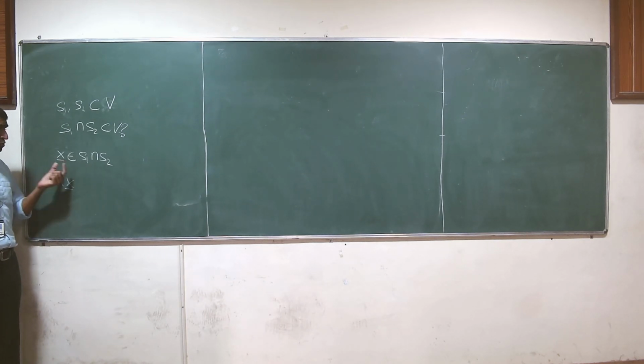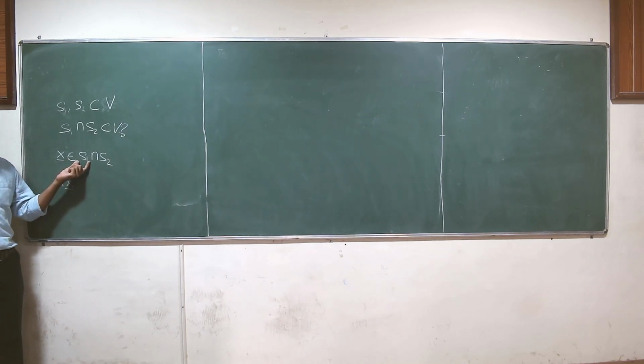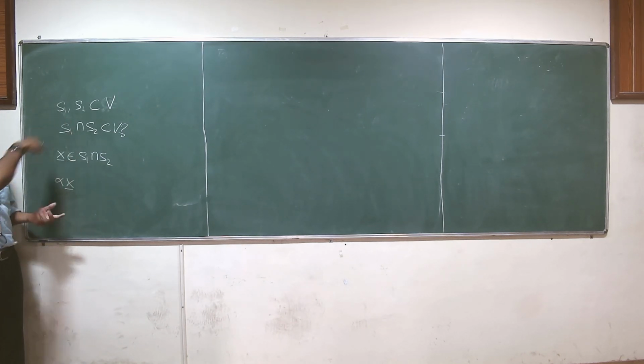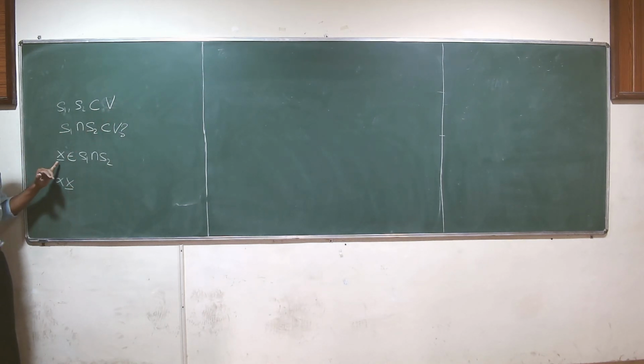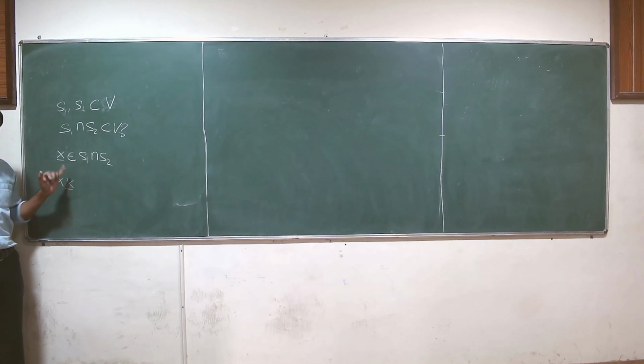X belongs to S1. Does alpha X belong to S1? S1 is a subspace of V. That means if I take a vector from S1 and I scale it, that will be in S1 because it's a subspace.